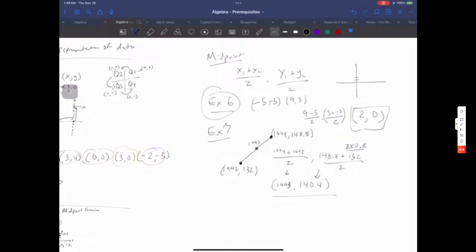Let's say that's 5, and that's 10, and that's 5. So we have 5, negative 3, negative 5, negative 3 here, and 9, positive 3 there. We draw a line, and look at that. It hits the axis right in the middle, and it's 2, 0 there. So it looks correct because it is correct. And that's the midpoint there.